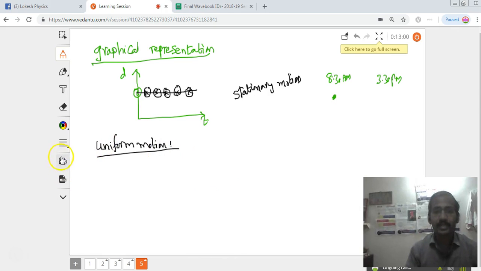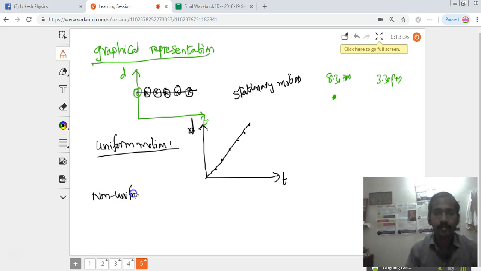For this uniform motion, on the graph, on the x-axis time t, on the y-axis velocity v or distance d, whatever. Equal distances in equal intervals of time. This graph indicates uniform motion.